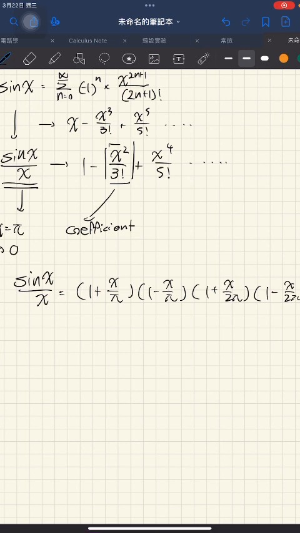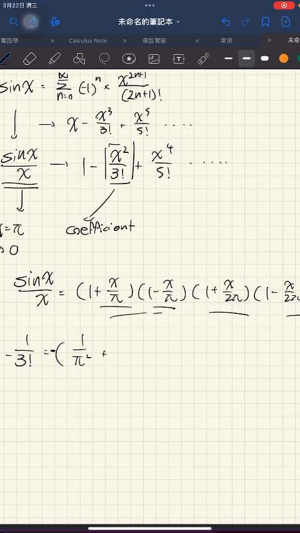Just as we said that we only want the x squared coefficient, so we just find these two, and we can get that negative 1 over 3 factorial will be equal to 1 over pi squared, and I think we should add a negative over here, because we all get negative.